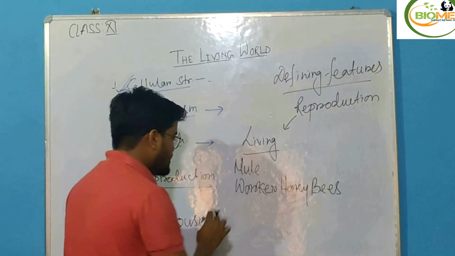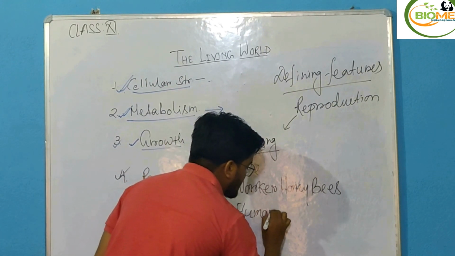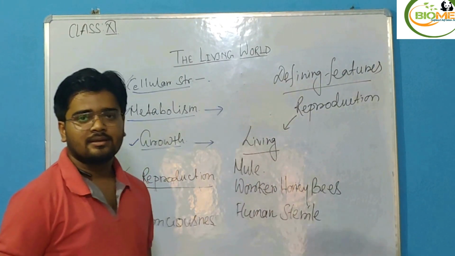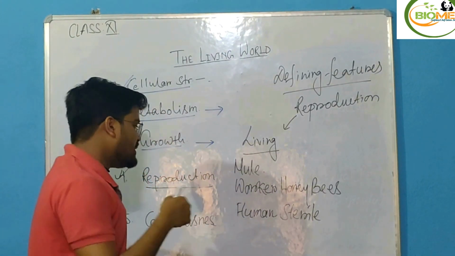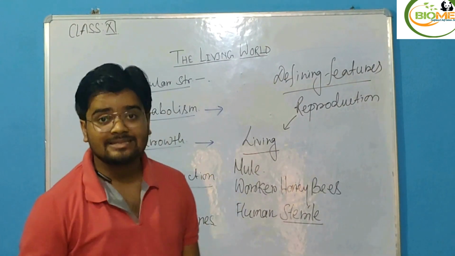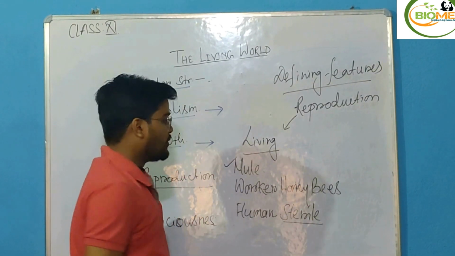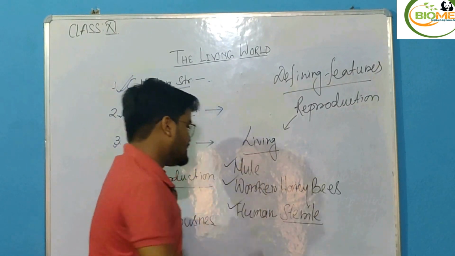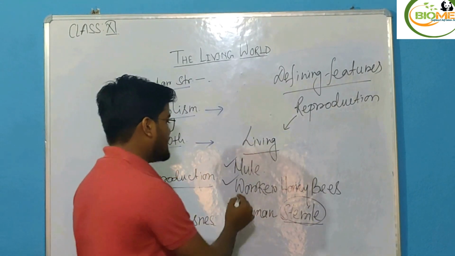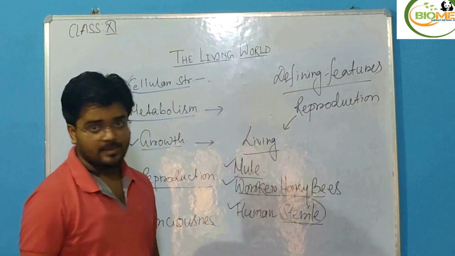And in human beings too, a few humans are sterile, meaning they do not have reproductive capacity, but they are living. So mule is living, worker honeybee is living, and humans are living, but a few humans are sterile and cannot reproduce. The worker honeybees are living but cannot reproduce. The mule is also living but cannot reproduce.